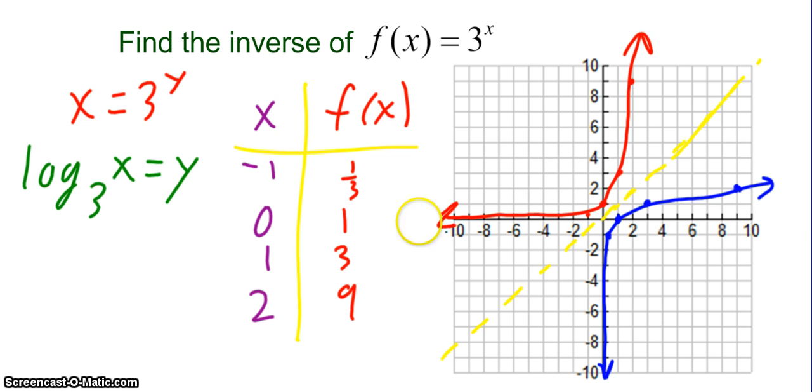And another thing to point out, so on the exponential function, we have that horizontal asymptote of y equals 0, which translates to, on the log function, we now have a vertical asymptote of x equals 0.